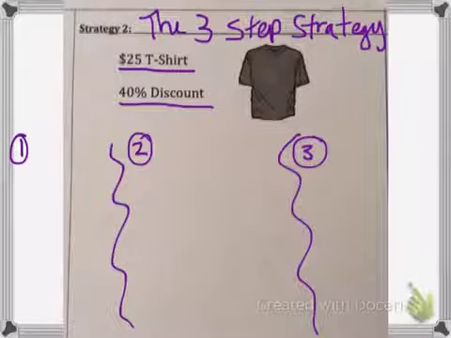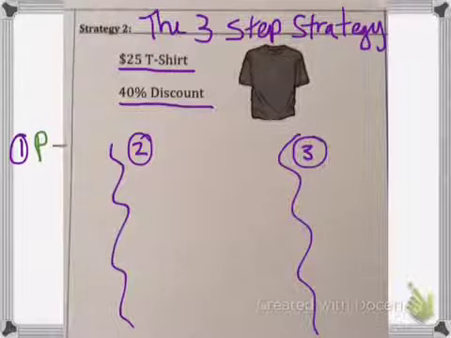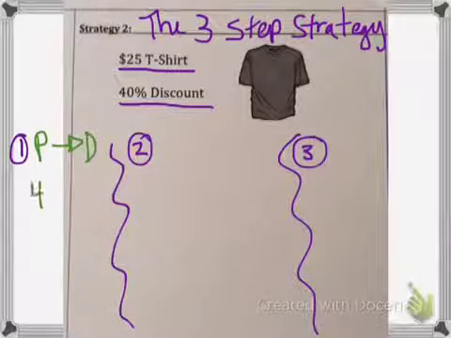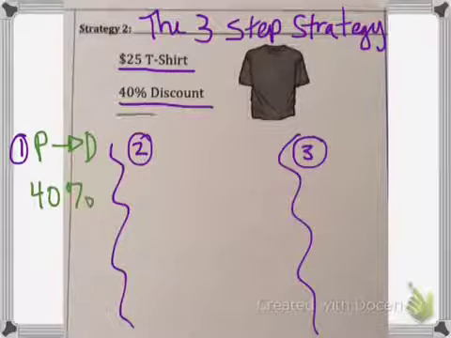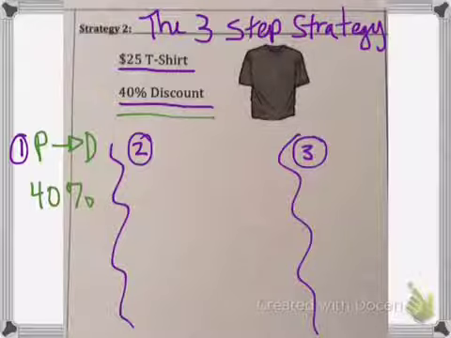Step 1 is to turn the percent into a decimal. Looking at 40%, that's the discount we're given. To change it into a decimal, we can follow a simple rule. The decimal point starts here.